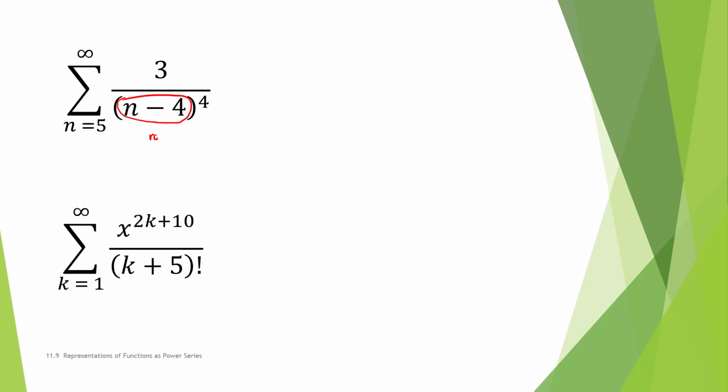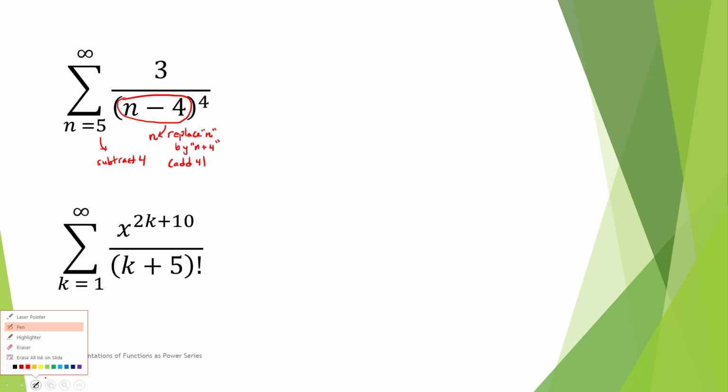Well, how am I going to get it to say n? I'm going to replace the n by n plus 4, so that when I have n plus 4 minus 4, the 4's cancel out. In other words, I'm going to add 4 here, which means to make up for it, I need to subtract 4 here.